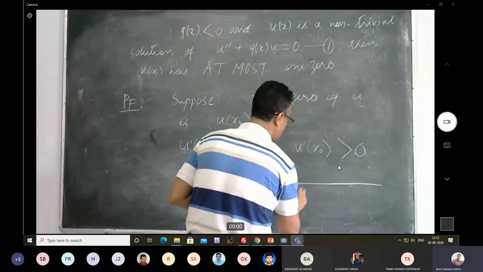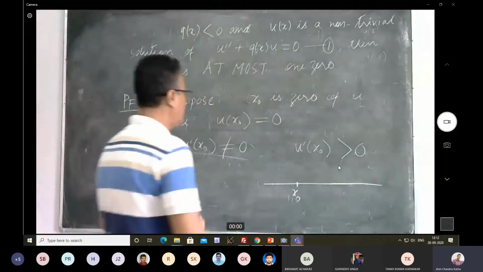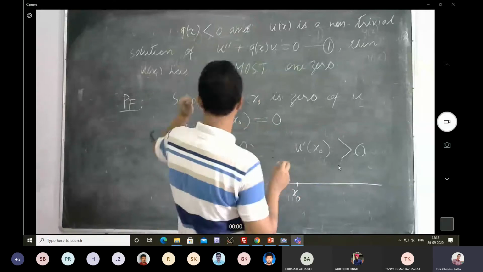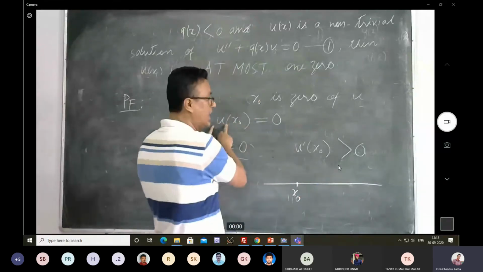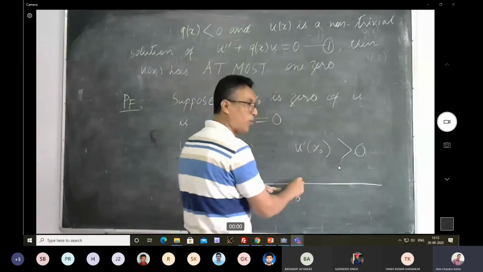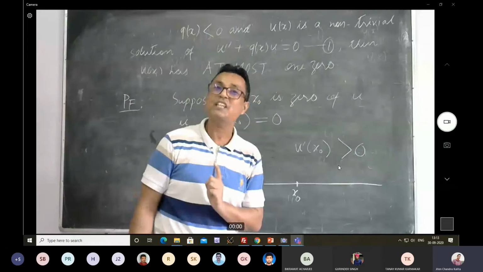Suppose this is my x naught, and over here the value of u is 0. Again, if u prime of x naught is greater than 0, at this point the function u has to be monotonically increasing.